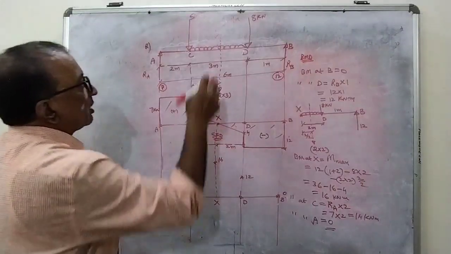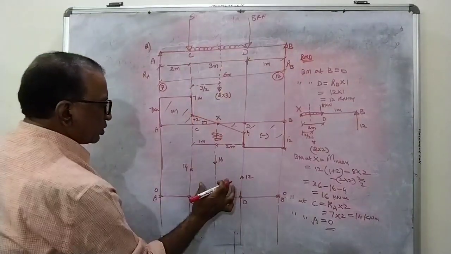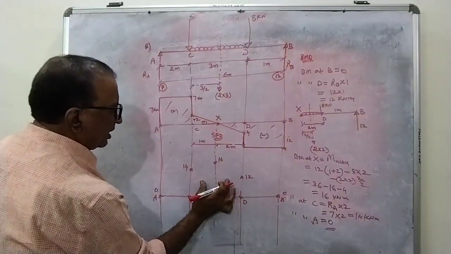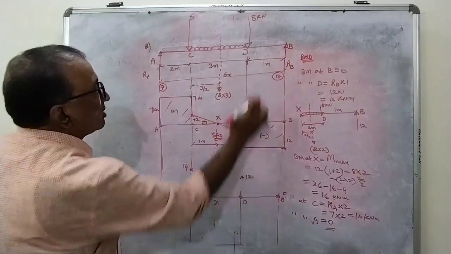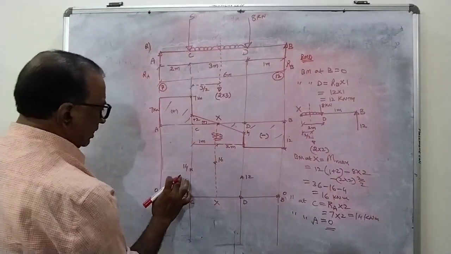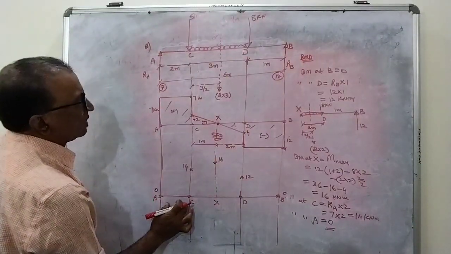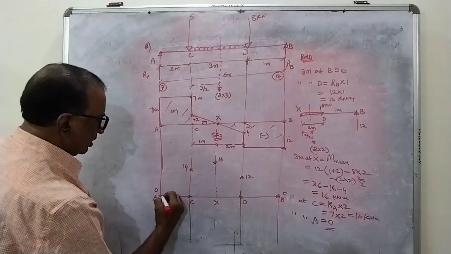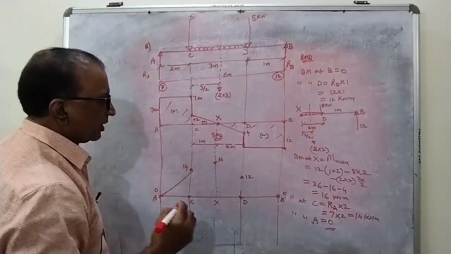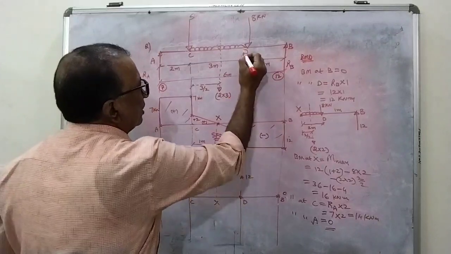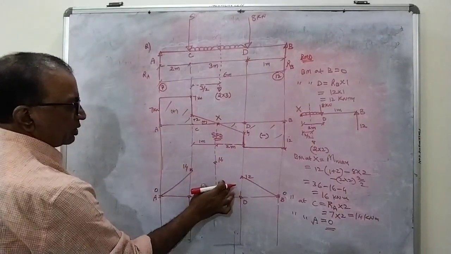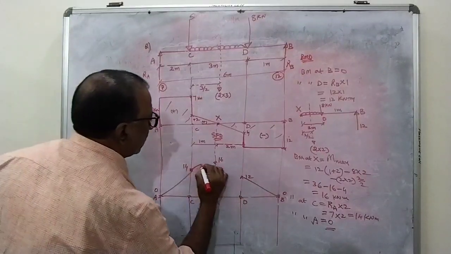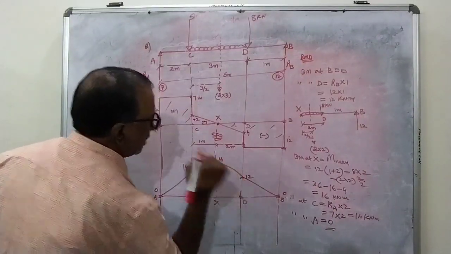Now tell me, the UDL is in between C and D. So whatever the portion in between C and D, if I join the points, that should be parabolic. The remaining has no UDL. Is there any UDL from A to C? No UDL. So A to C is a straight line. And from B to D also there is no UDL. It is once again a straight line. But in between these two there is a UDL, so you join a curve like this.